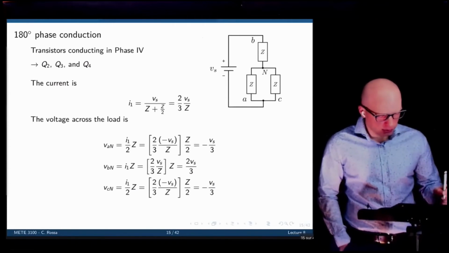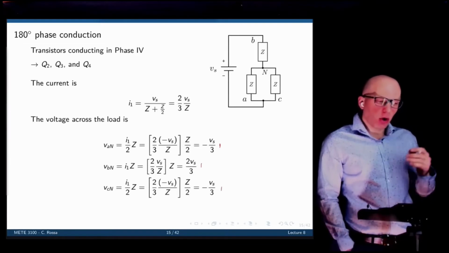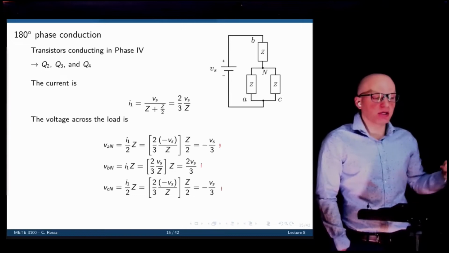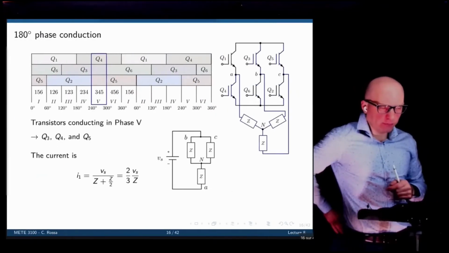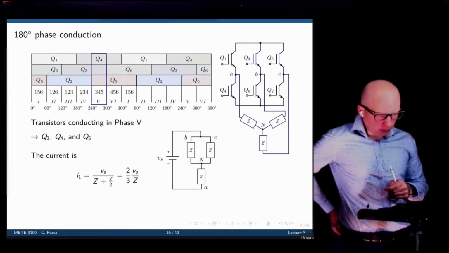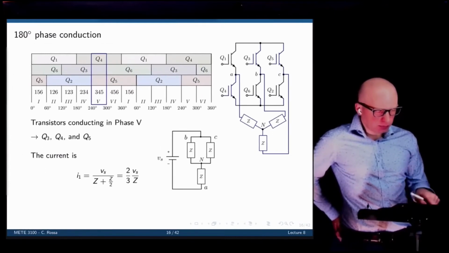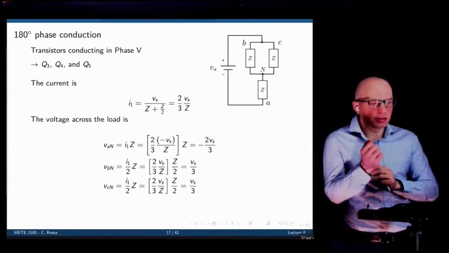I don't think there's any need to repeat that. And you see that the levels we are getting at the output are always 1/3 or 2/3, plus minus, but now they're just switching places. And we go now for phase 5. Same stuff, same current, same levels in the output voltage, but again, at different places.